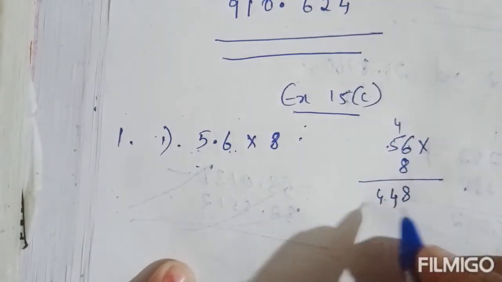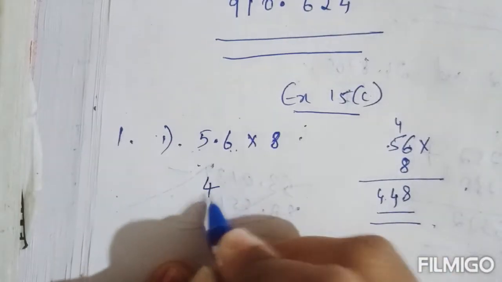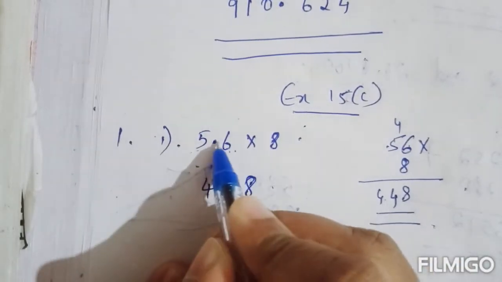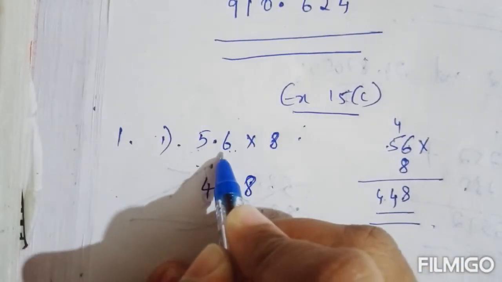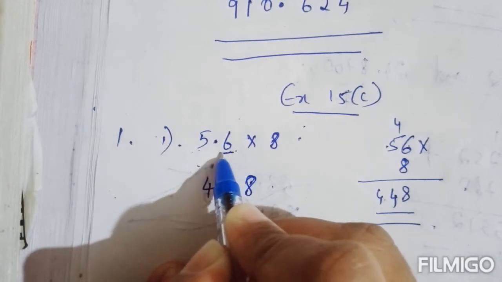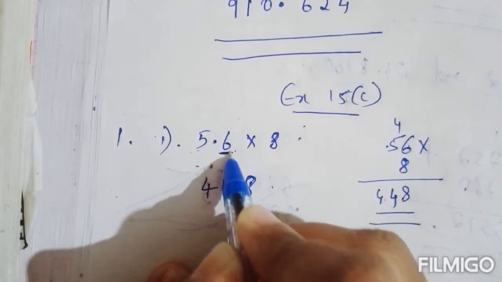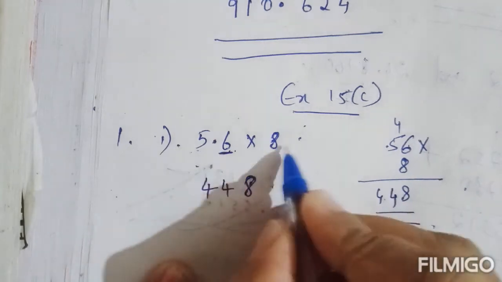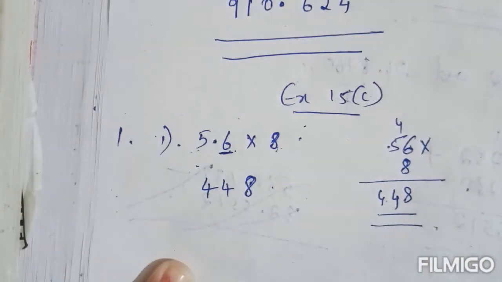You got 448. Okay, now here after the decimal point one digit is coming, one decimal place. Now in the next number, no decimal place is there. I mean the number of decimal places is 0.